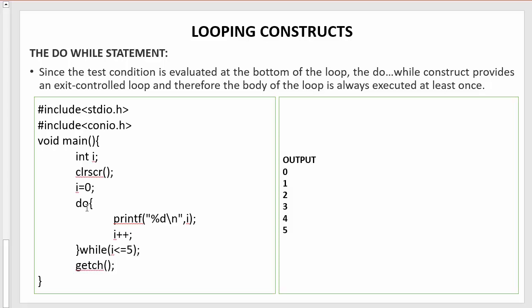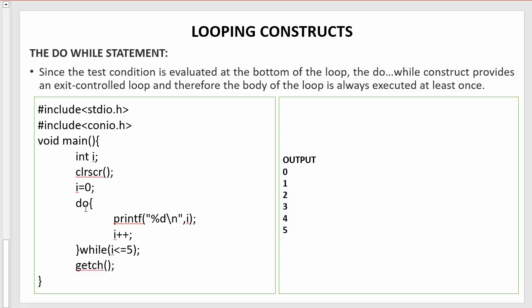So control comes back to do to print 2. With each iteration, I gets incremented by 1, and when I becomes 5, the condition is evaluated again: 5 is less than or equal to 5. Yes, 5 is not less than 5, but 5 is equal to 5, so the condition is true.